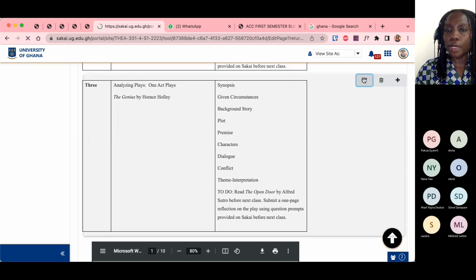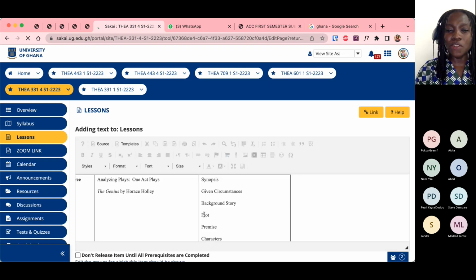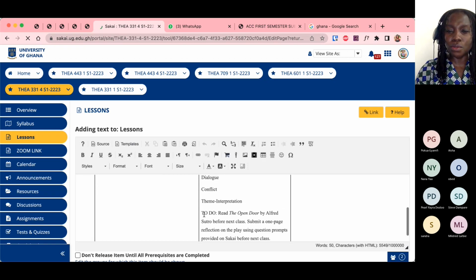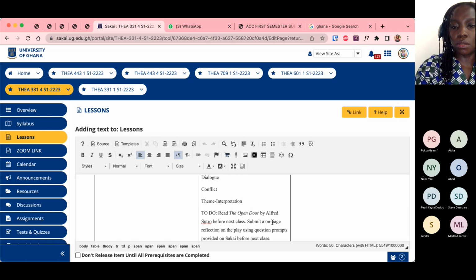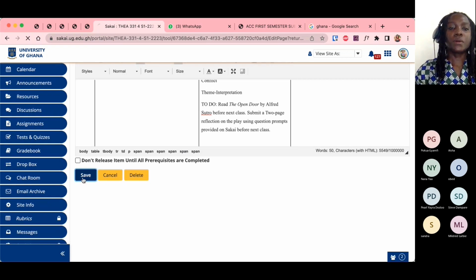Let me just quickly correct it. But moving forward, when you see 1 page, you shouldn't work with 1 page. I don't think it will even be enough for you to be able to answer the questions in just 1 page. Okay.